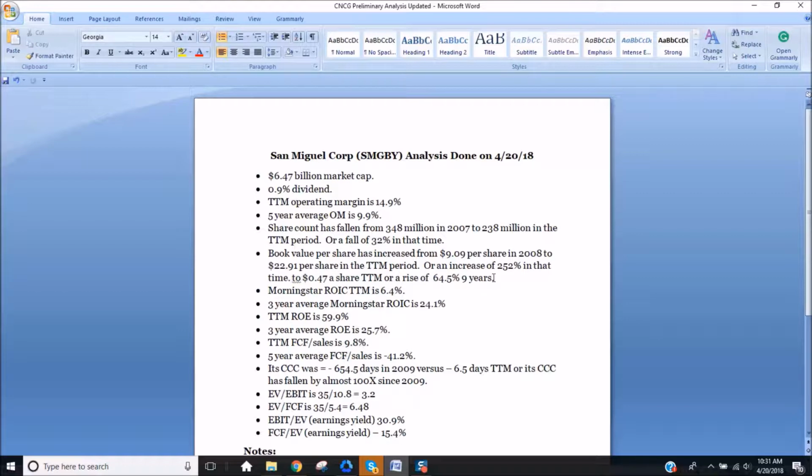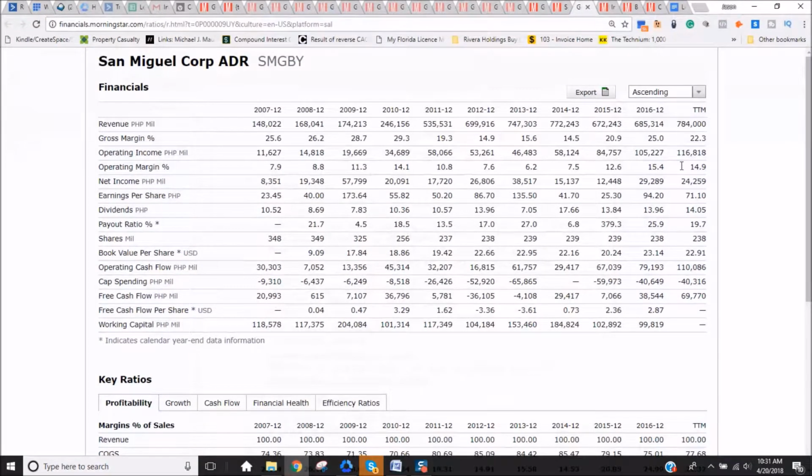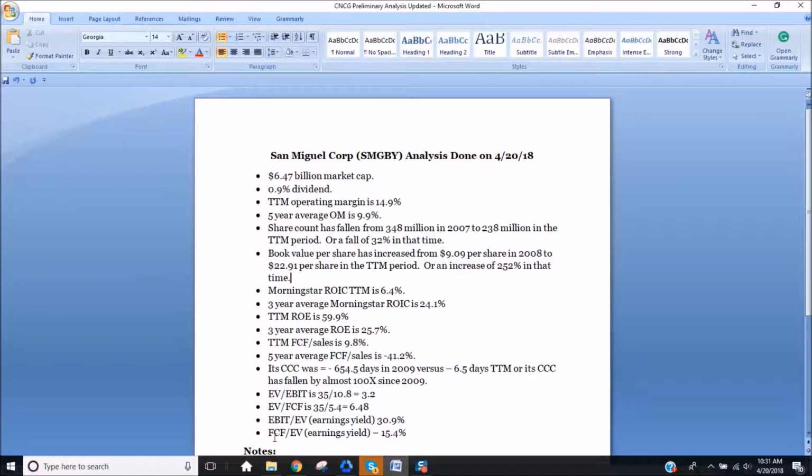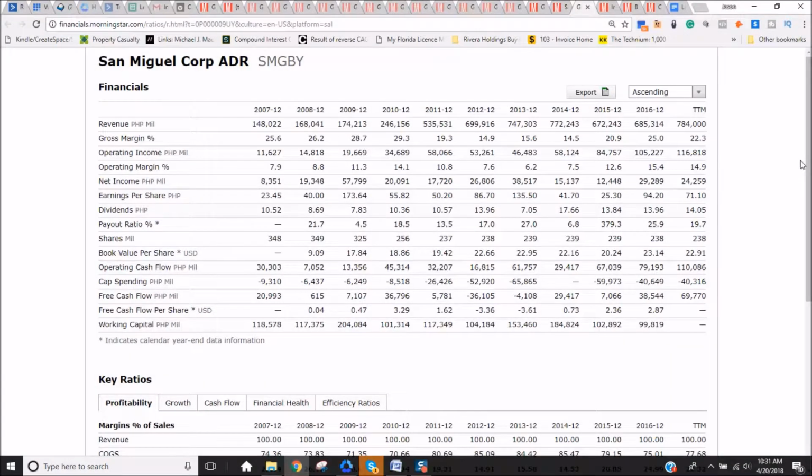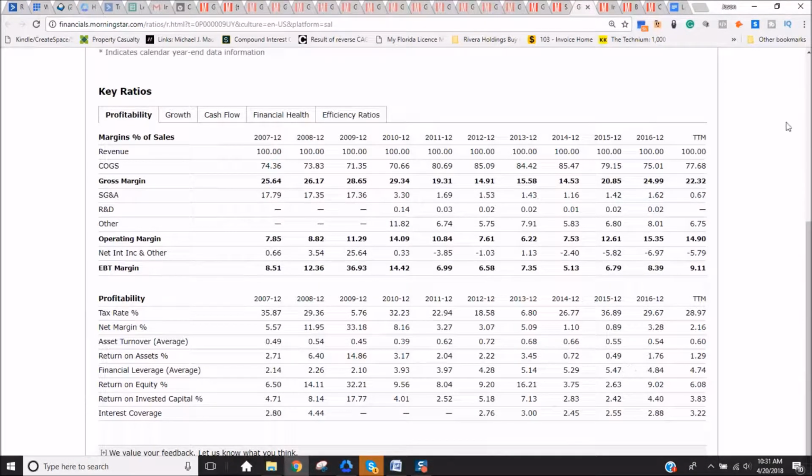Again, fantastic. So what was the next number? ROIC down here, 3.8%.